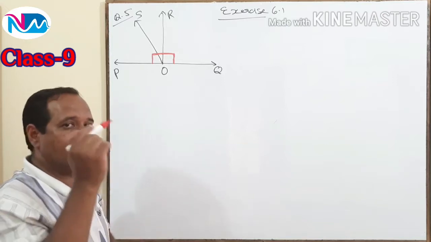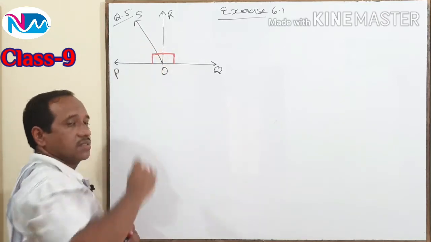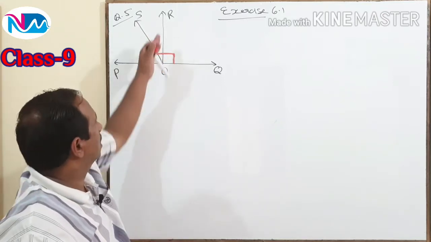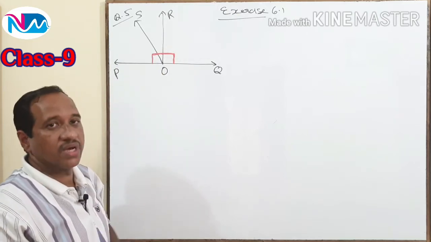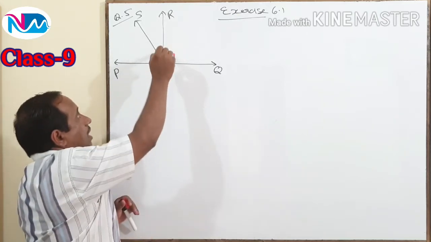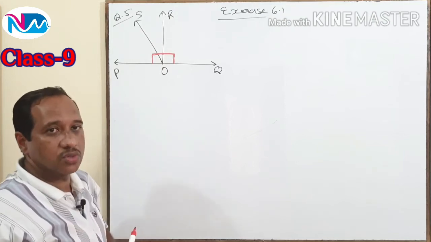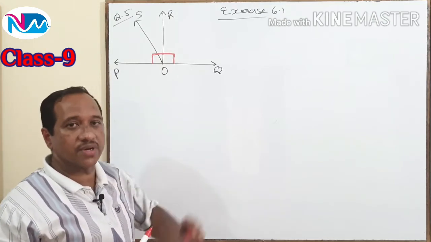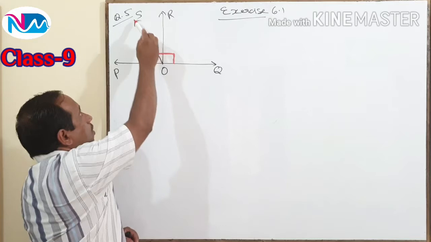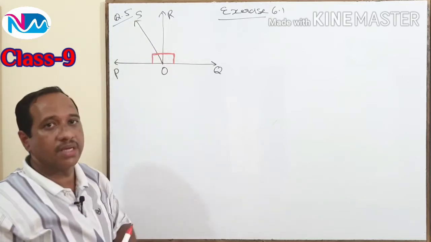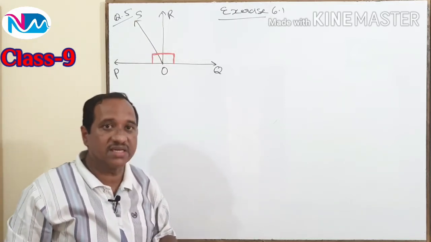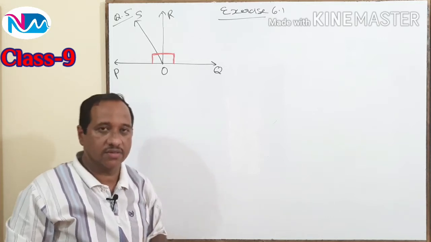And we have another ray, that is OS, which is in between OR and OP. We have to show that angle ROS is equal to half of the difference of angle QOS and angle POS. So this is a theoretical question.